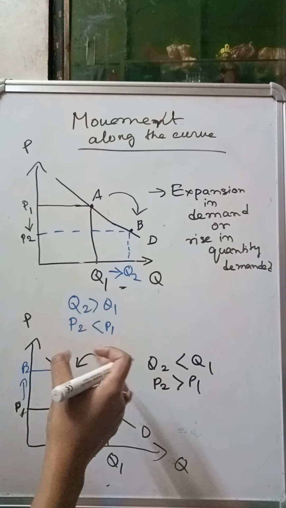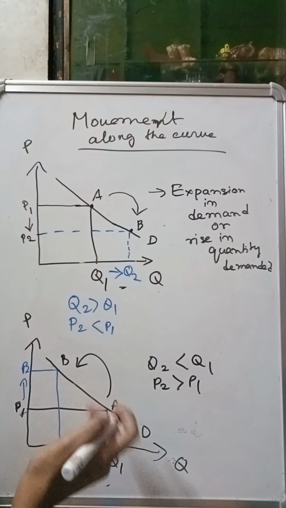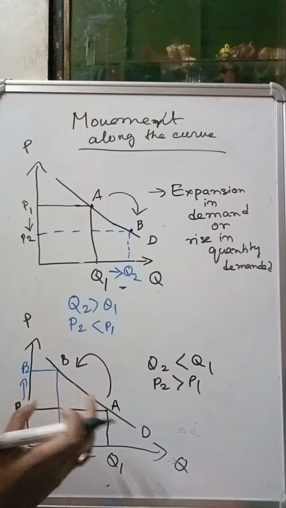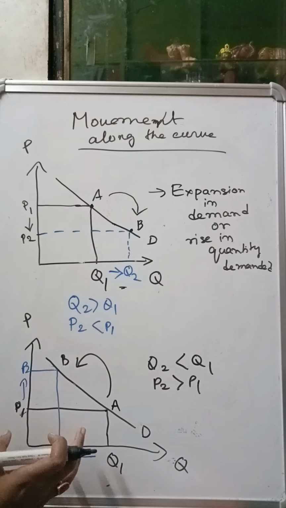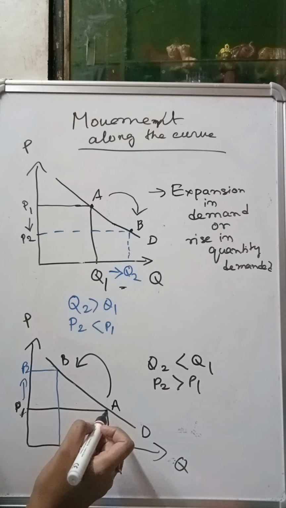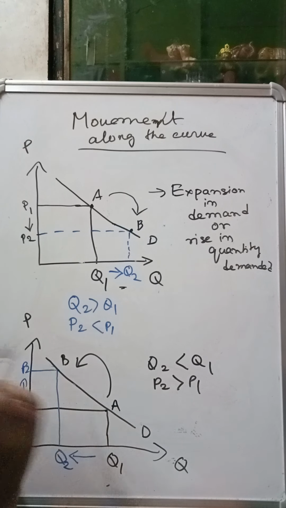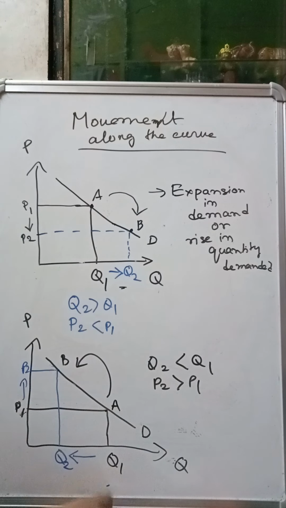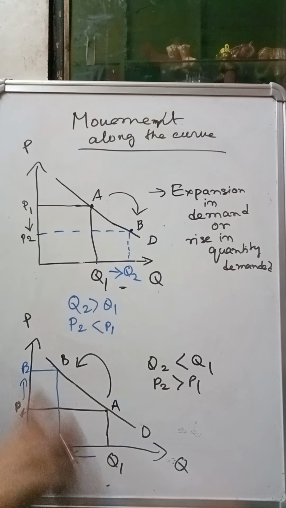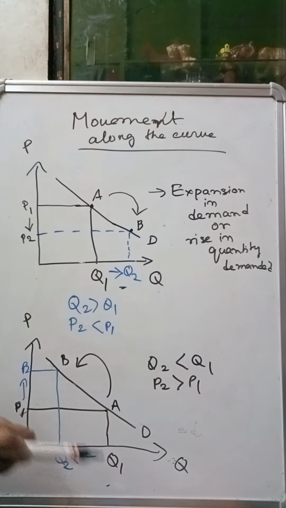Now I already told you that we name this graph according to the quantity. Here the quantity has decreased, and the point has moved from here to here in the same demand curve. As in the earlier case we wrote expansion in demand, what should I write here?